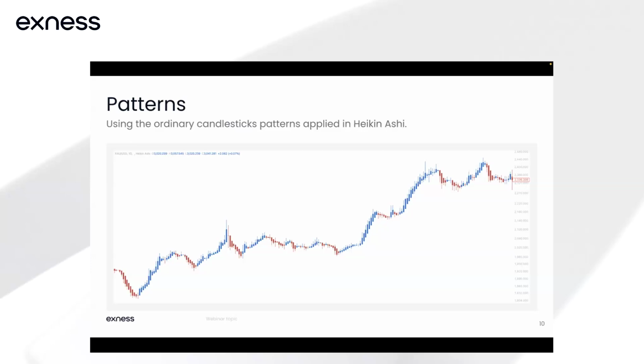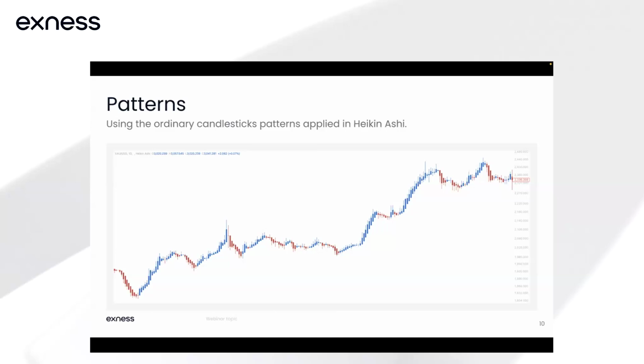So what's the benefit of it? Well, think about how many times you have seen a false reversal pattern form on a regular candlestick chart. With Heikin-Ashi those false signals are reduced, especially when you pair them with color confirmation. You can see one example here.